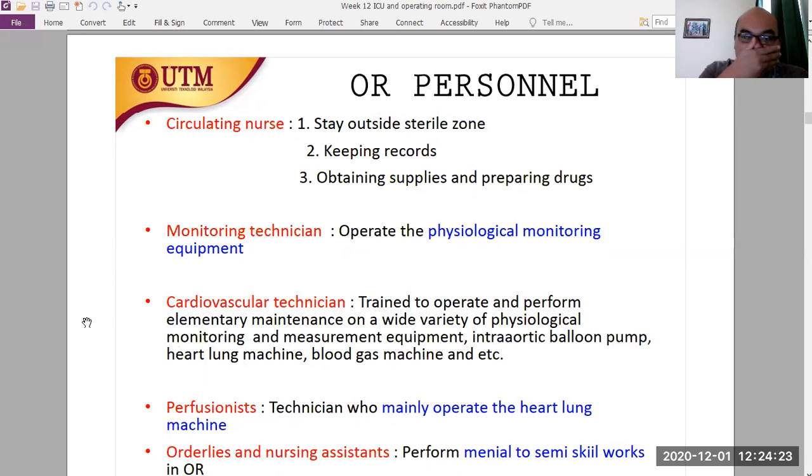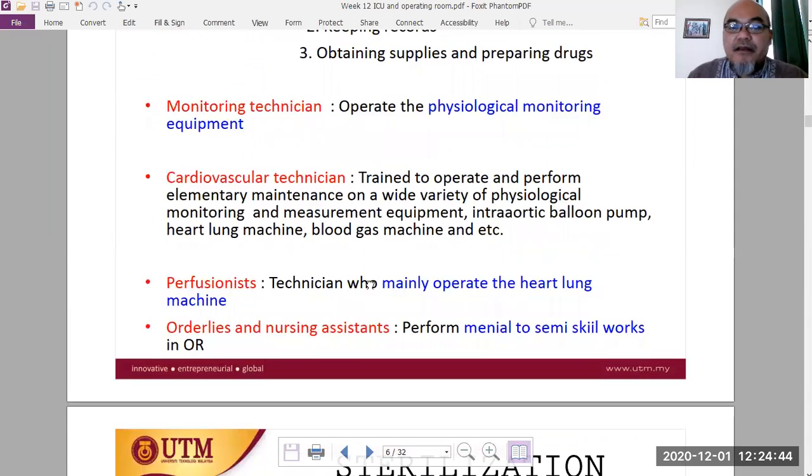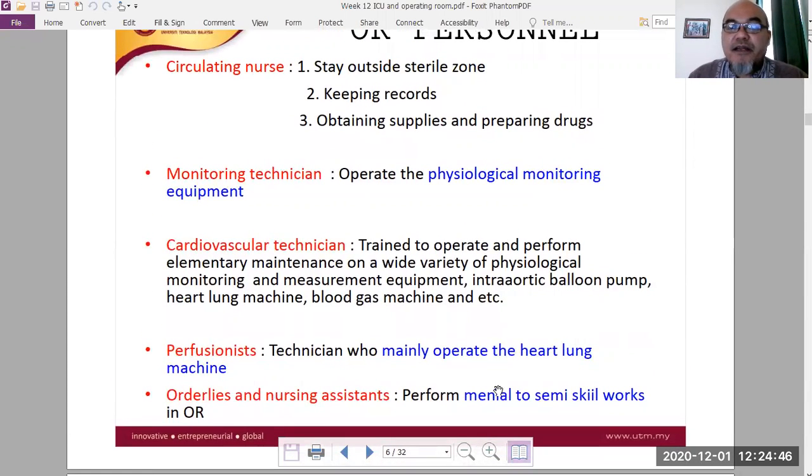When the surgery involves an operation on the heart or the lung, the circulation of blood needs to be redirected temporarily to this heart-lung machine, which basically functions as an artificial heart and lung. The blood gas machine, etc. Perfusionists are technicians who mainly operate the heart-lung machines.